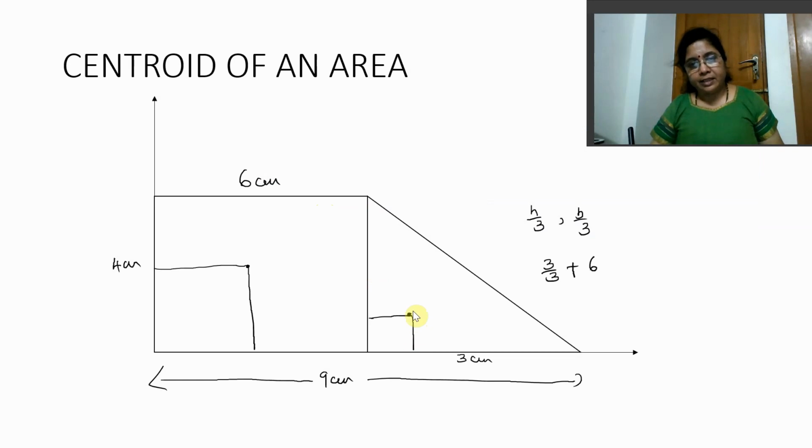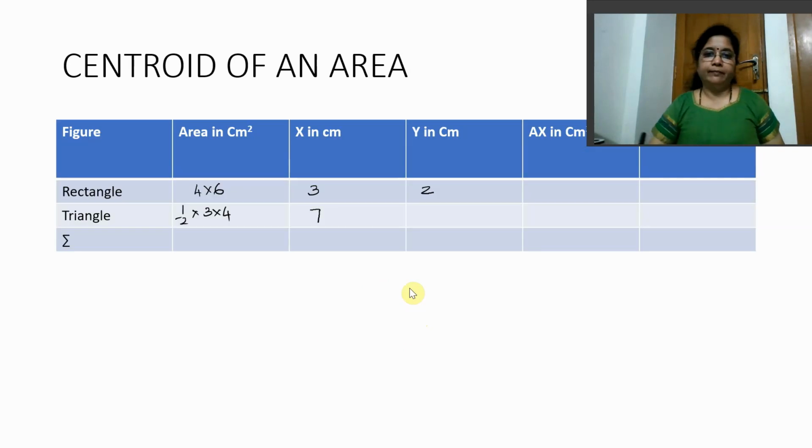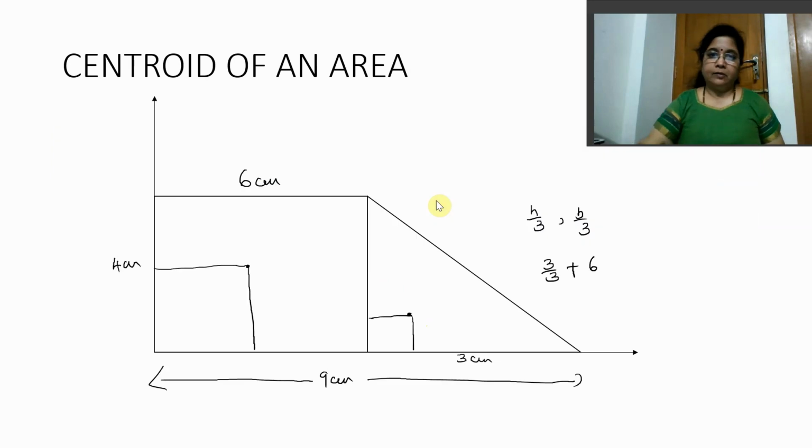Y coordinate is just 4 by 3. Why do I say this? I say this because before this, there is nothing along the y coordinate. But here there is a rectangle which is sitting here. So your x coordinate, this has to be added. Y coordinate directly maps to this.